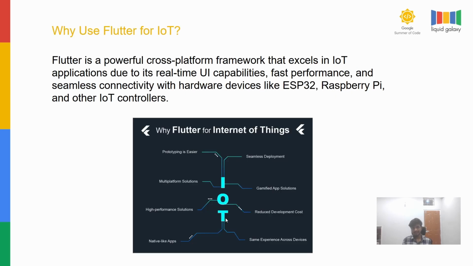Now, the question is, why use Flutter for IoT? Now we know IoT has a lot of scope and a lot of use cases, but why should we use it with Flutter then? So, Flutter is a powerful cross-platform framework that excels in IoT applications due to its real-time UI capabilities. We can use Flutter with IoT in a lot of spaces.